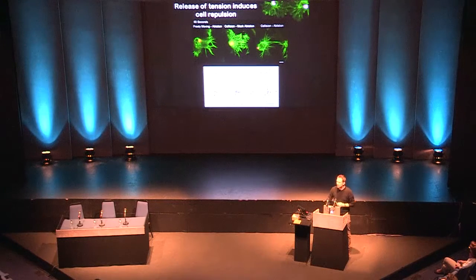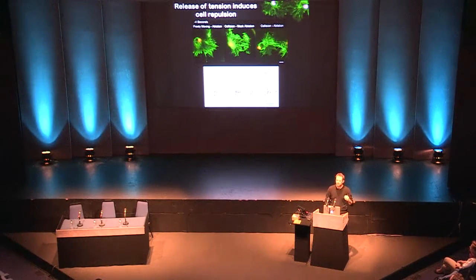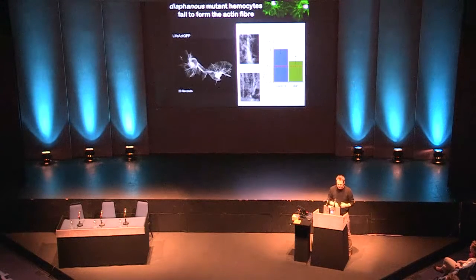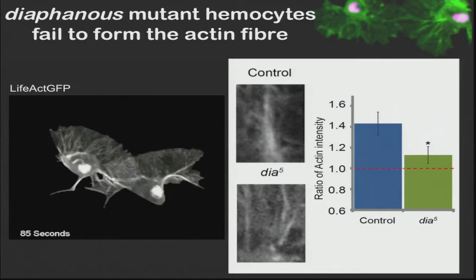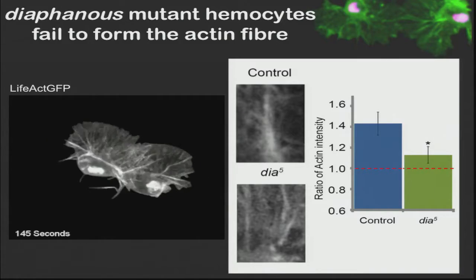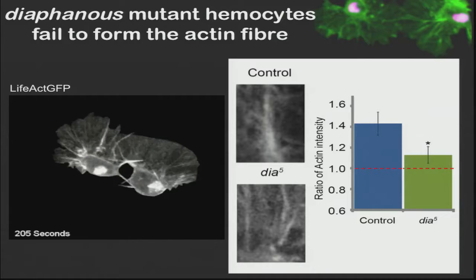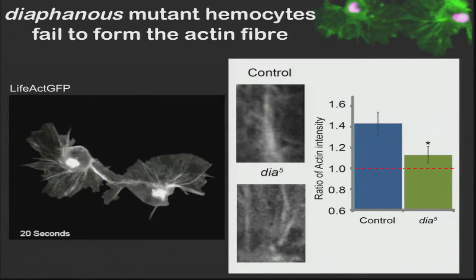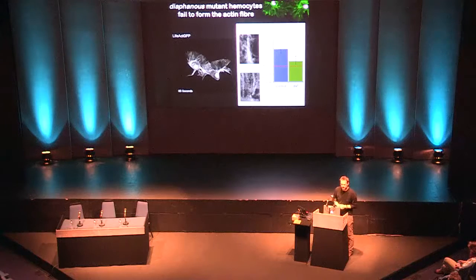So we wanted to know, what happens in colliding hemocytes if we stop their ability to pull against each other? We decided to do this genetically and look at collisions in hemocytes which were mutant for diaphanous. We found that diaphanous mutant hemocytes failed to form this stress fiber-like structure.